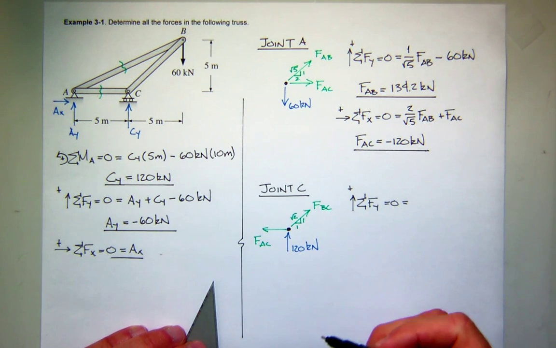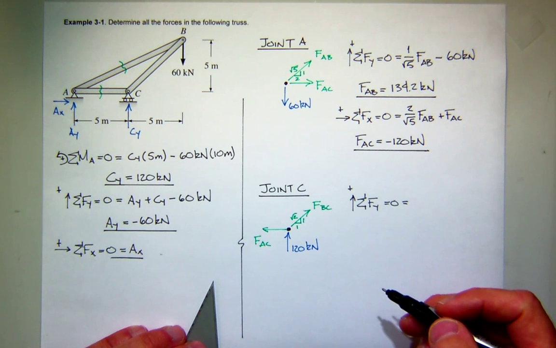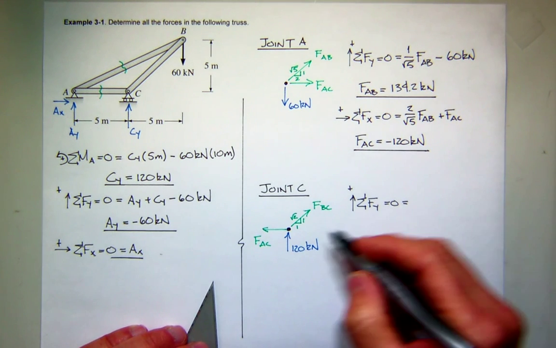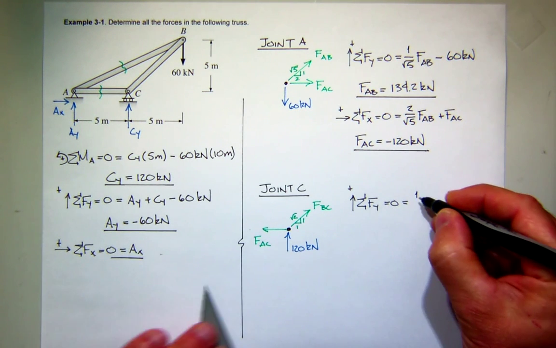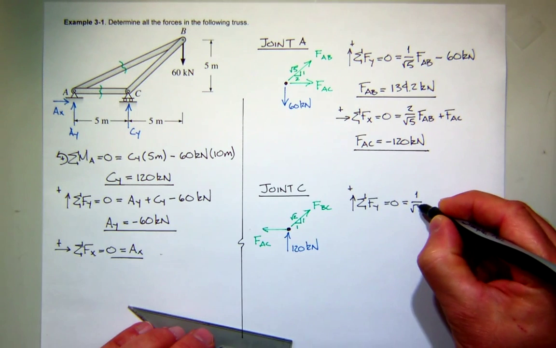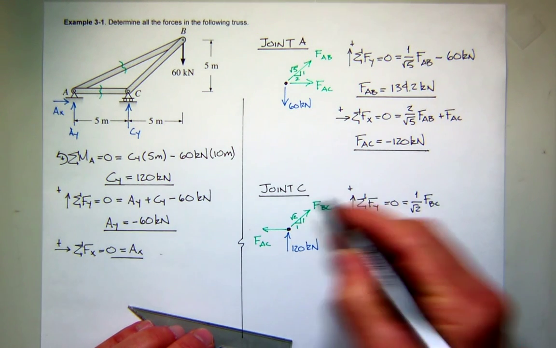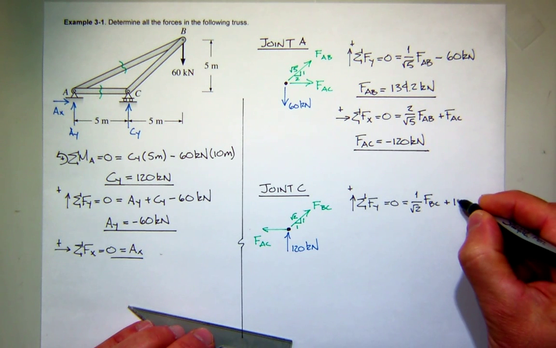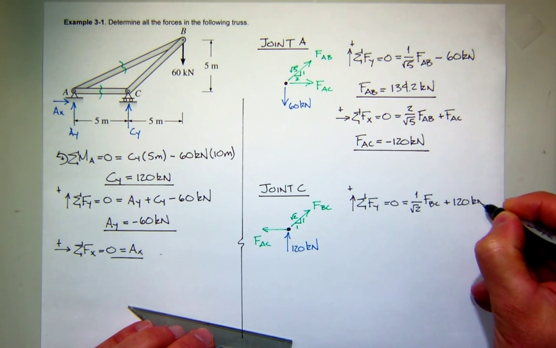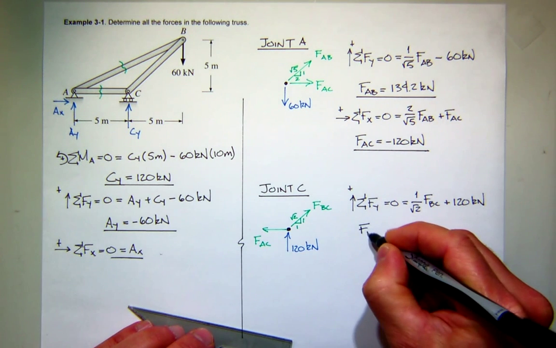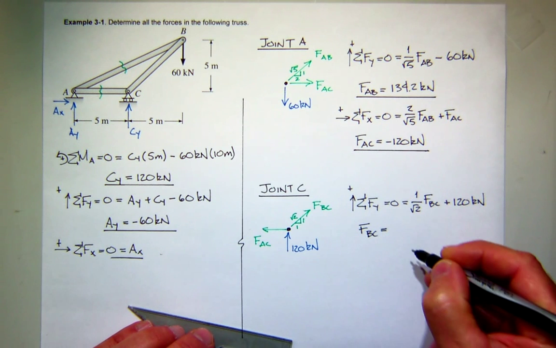If the previous information happens to be incorrect, it would be bad for you. So let's look at the vertical component. That'll be 1 over the square root of 2 times the force BC. That's acting up. We also have acting up 120 kilonewtons. So I should be able to find the force in BC.